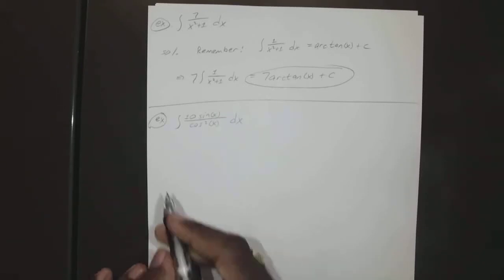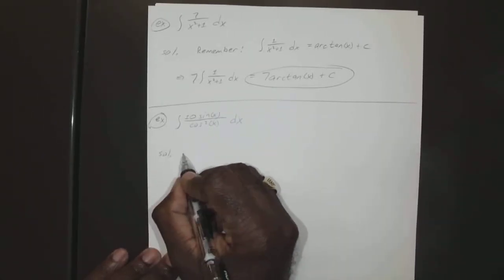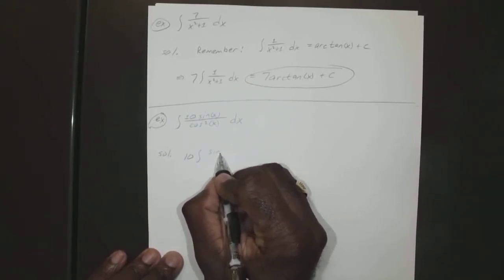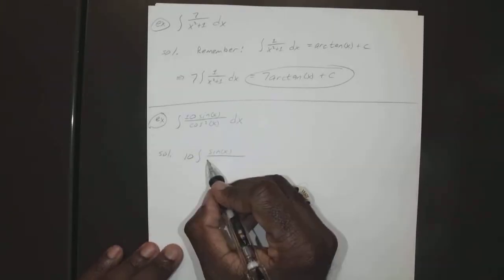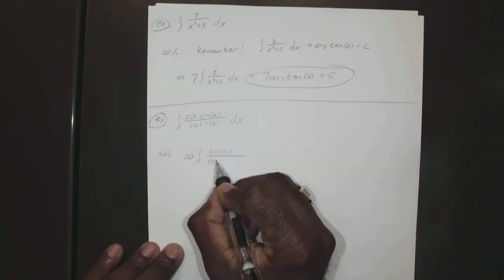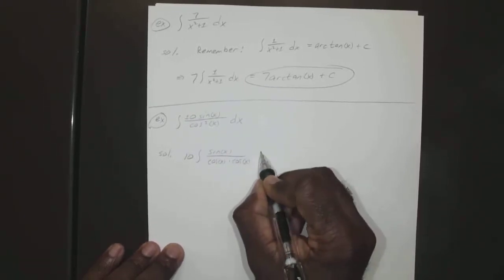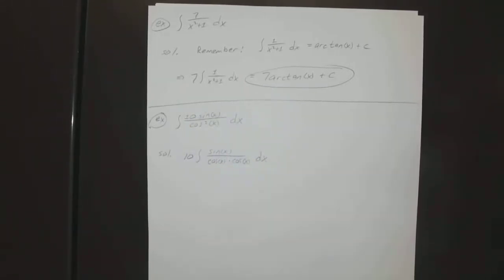Yep, we take the 10 out first. So you have 10 times the integral sine of x. And instead of cosine squared x, we can make that cosine of x times cosine of x with respect to x.